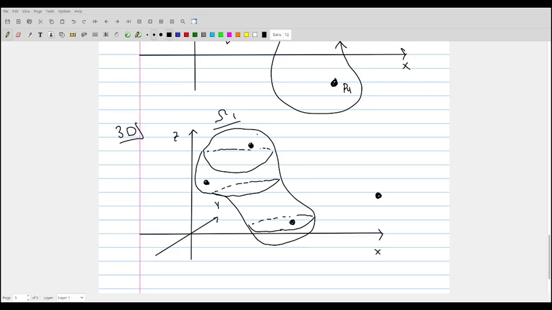And then let's say you have a similar scenario where you have some other domain, omega 2, that only contains 2 of these critical points of our function of 3 variables.